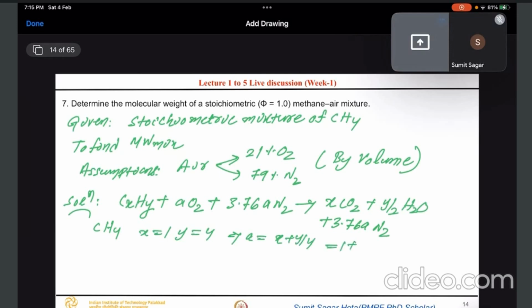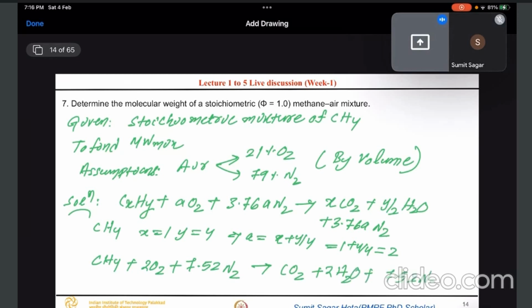It is 1 plus 4 by 4, that is equal to 2. So a is equal to 2. Now write down the expression: CH4 plus 2O2 plus 7.52 N2 gives rise to CO2 plus 2 times H2O plus 7.52 N2.